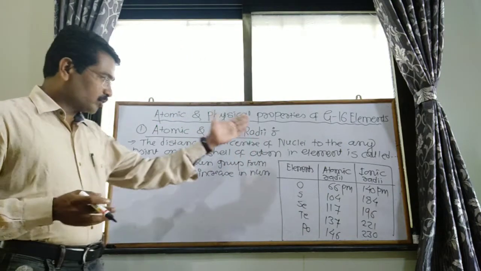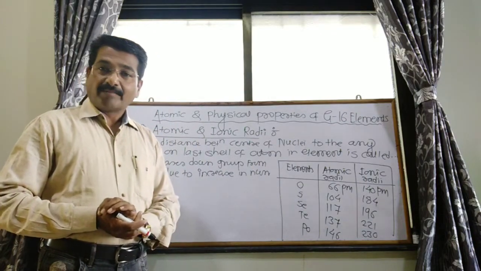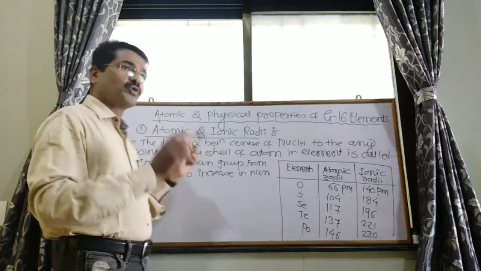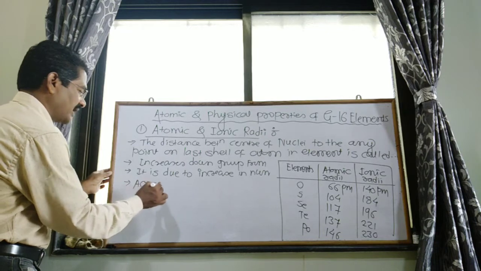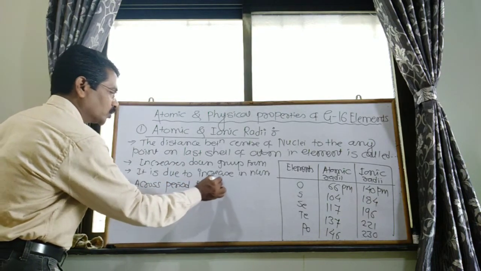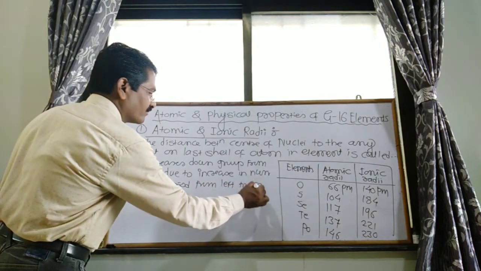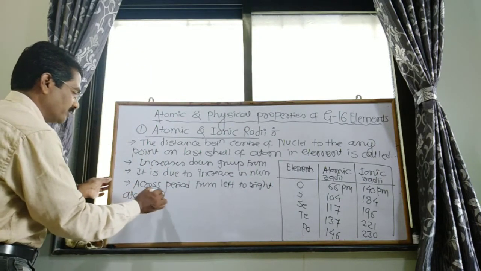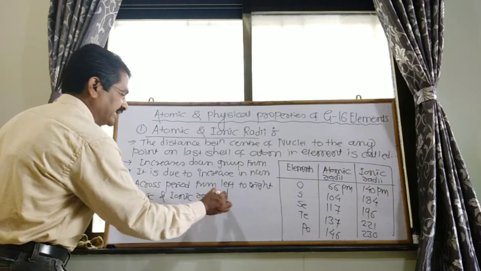Because from top to bottom the number of quantum shells increases, but across the period from left to right, atomic and ionic radii decrease.